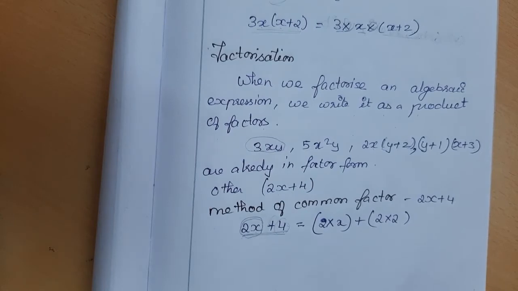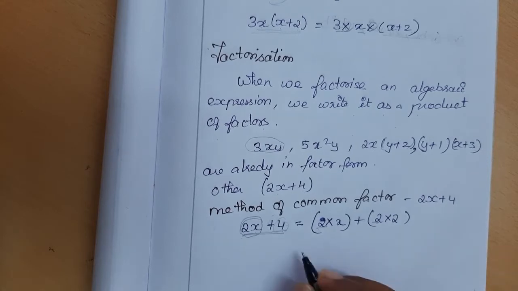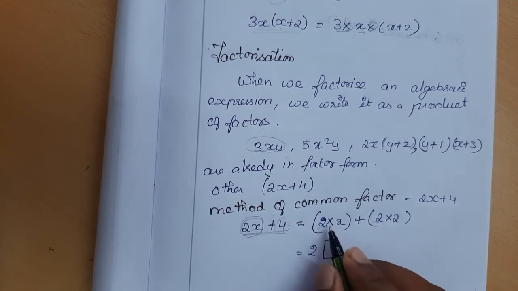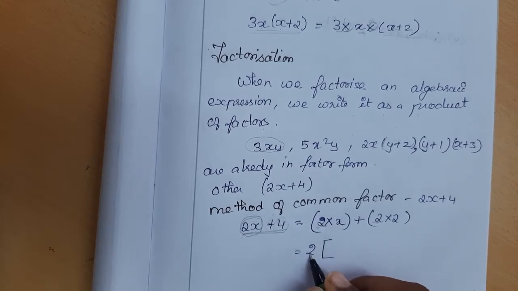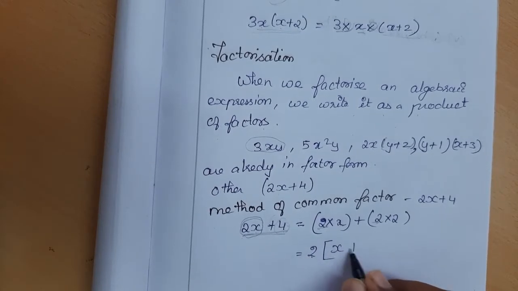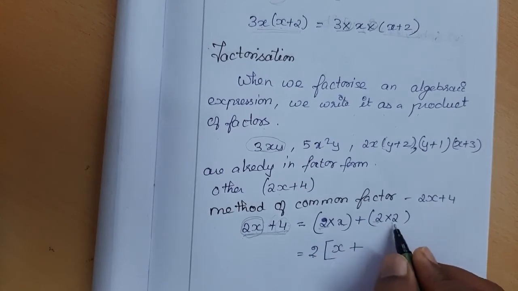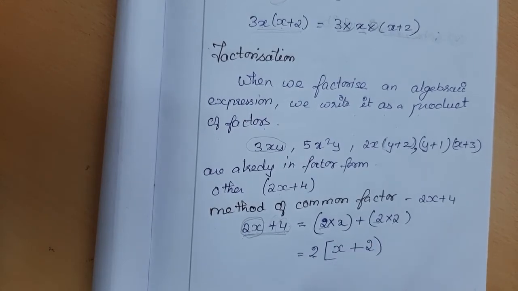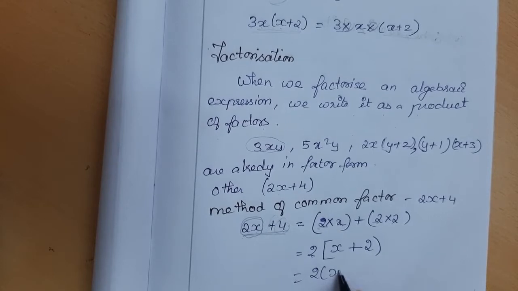Now we have to apply the distributive property. Which is the common factor here? 2, right? So now apply the distributive property. 2 is there, we write it outside the bracket, and x plus 2, since the 2 is also taken out using the distributive property. So 2 into (x plus 2).